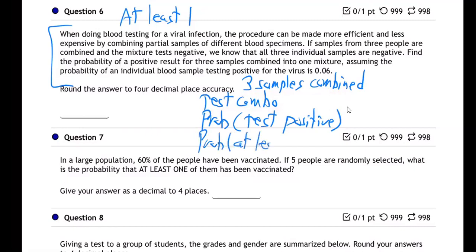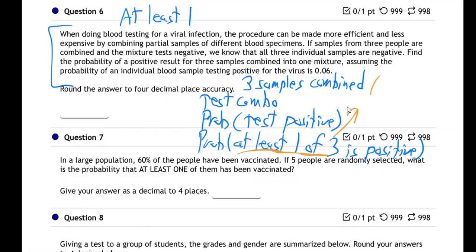At least one of the 3 has to be positive, doesn't it? That's where I'm getting the at least one. That's what it means for the 3 combined to come out positive. That means at least one or more, right?